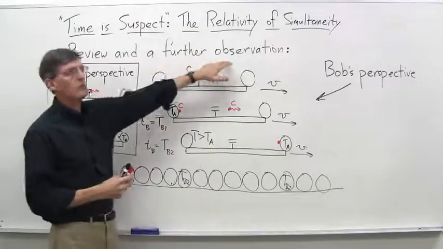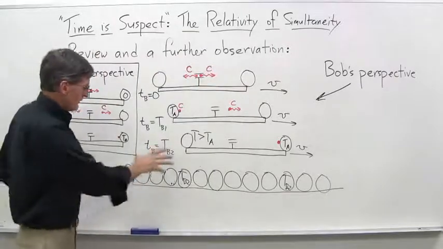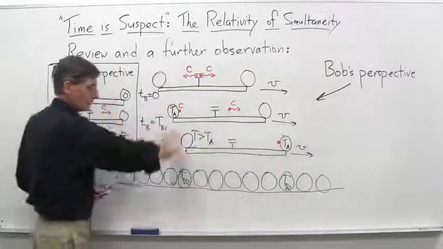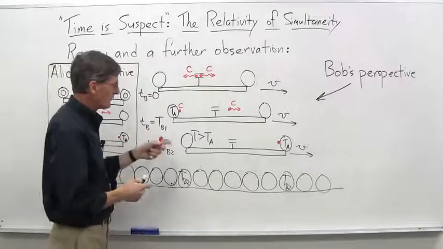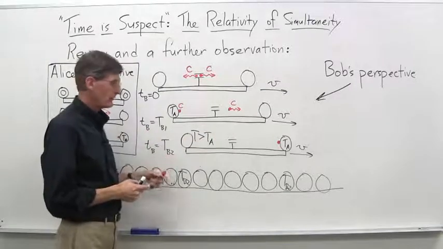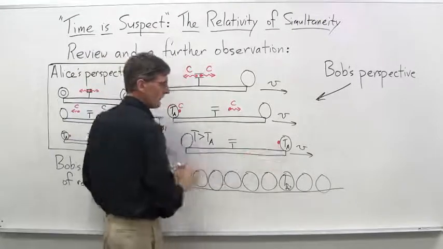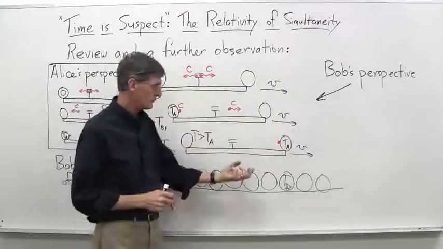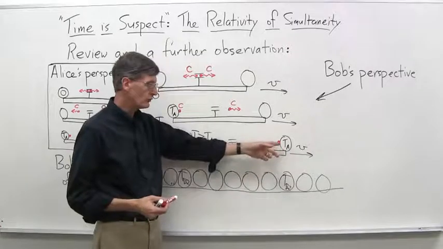Okay, one more observation here that we're going to come back to later in the course. Let's look at Bob's perspective here, and he sees Alice flying by at velocity v in her spaceship. What does he see on her clocks here? Let's look at this final situation where he sees the second photon going to the right. He sees it triggering her clock. Photo is taken. Her clock reads T sub A, as Alice observes too. No disagreement there.